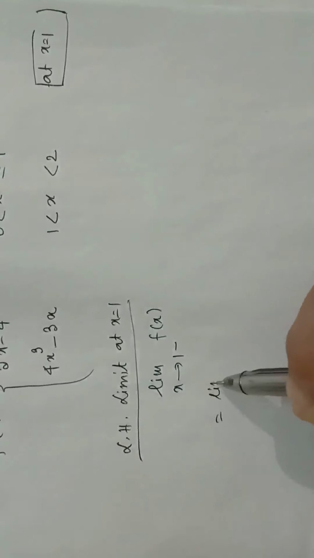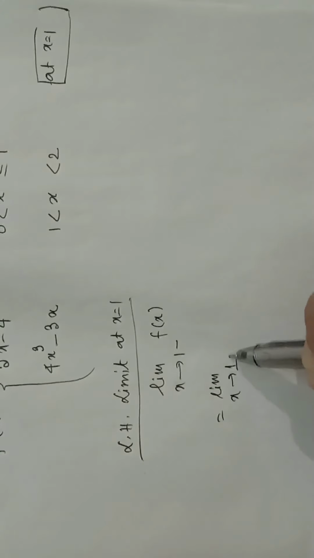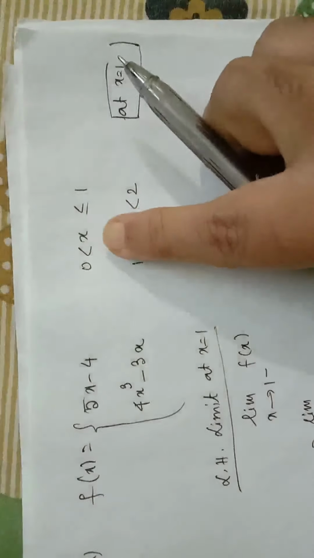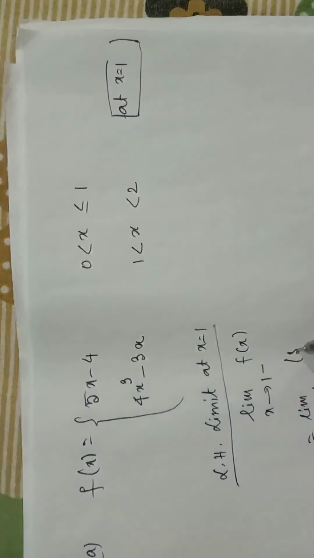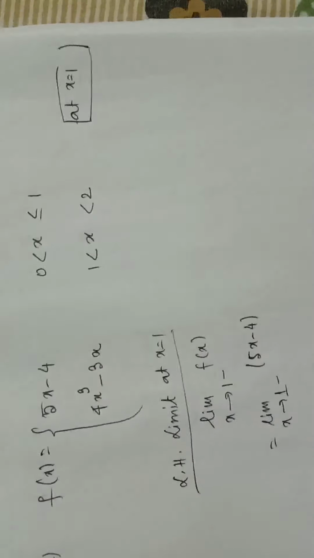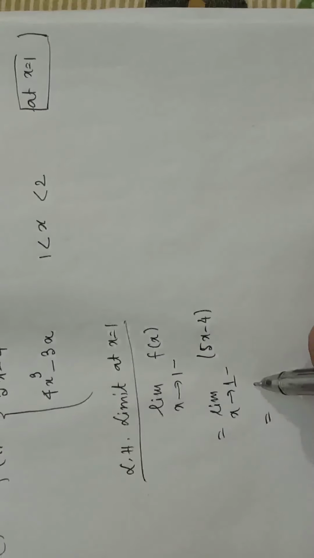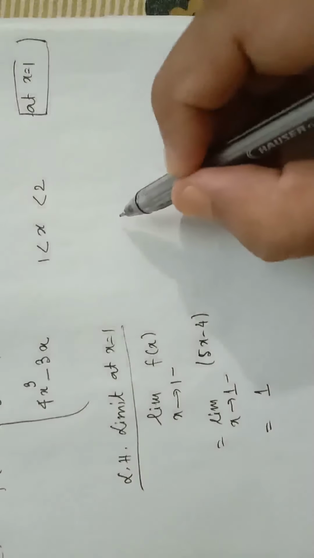X tends to 1 minus means x is less than 1, and when x is less than 1, the value of f(x) is 5x minus 4. Putting x equal to 1, we get the left hand limit.